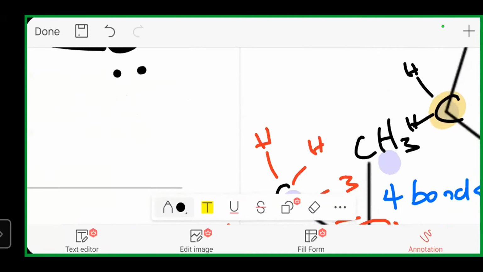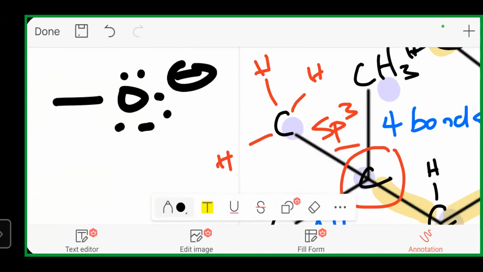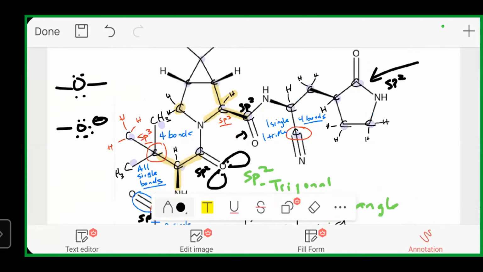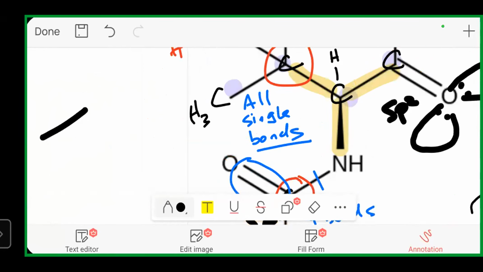If it has 1 bond to it, then it's going to have 3 lone pairs and a negative charge. If it has 3 bonds to it, which it can be hypervalent, it's got 1 lone pair and it's positive.